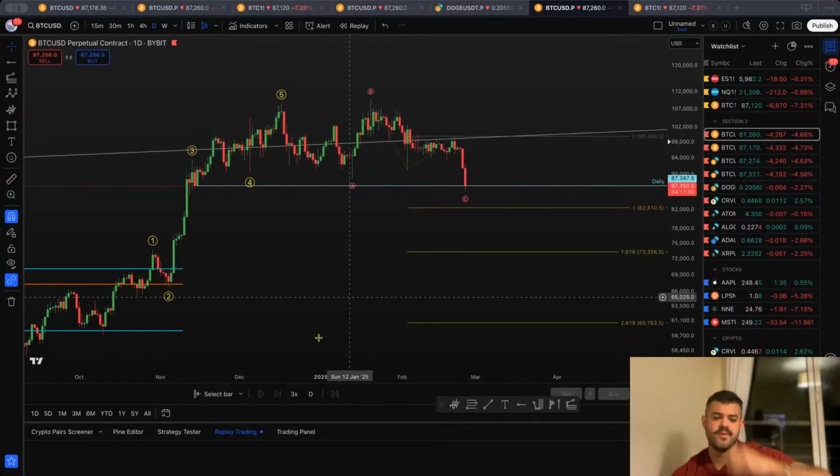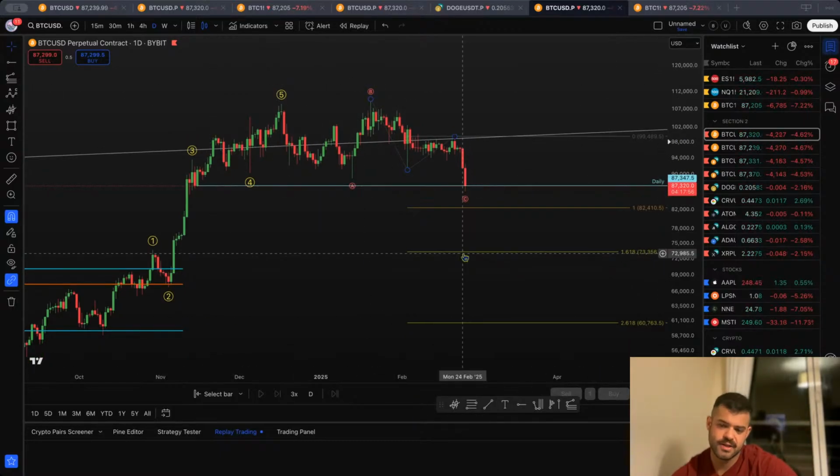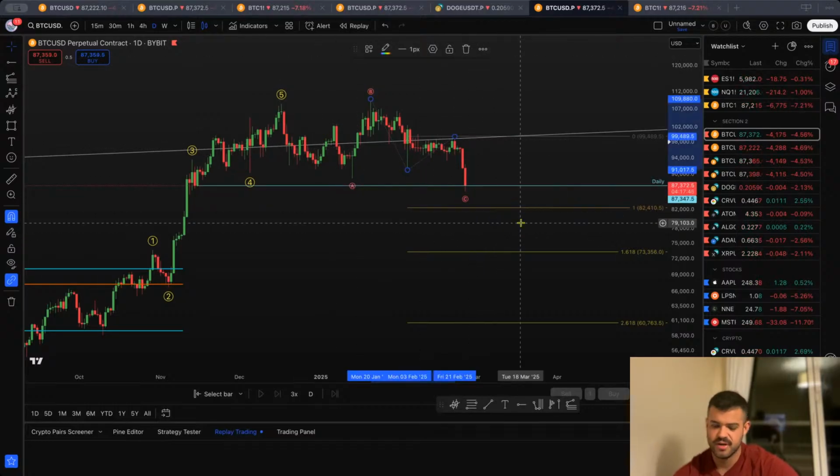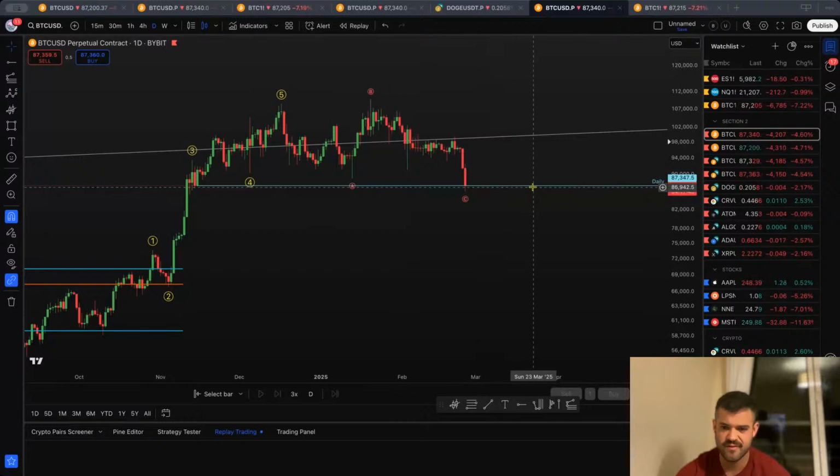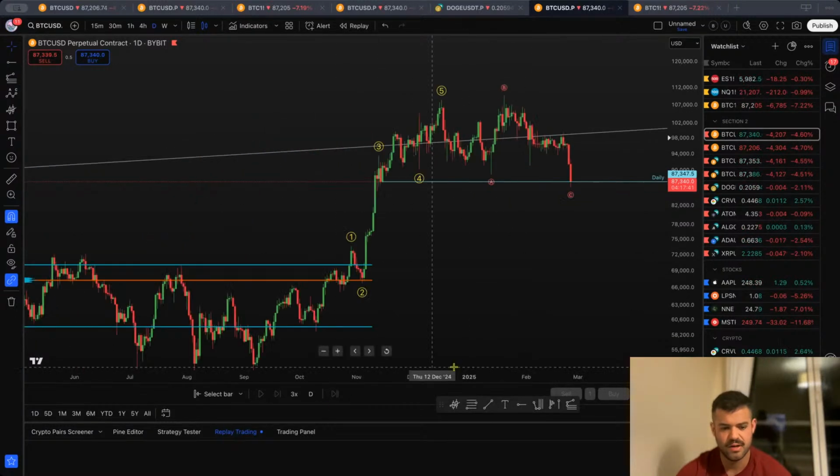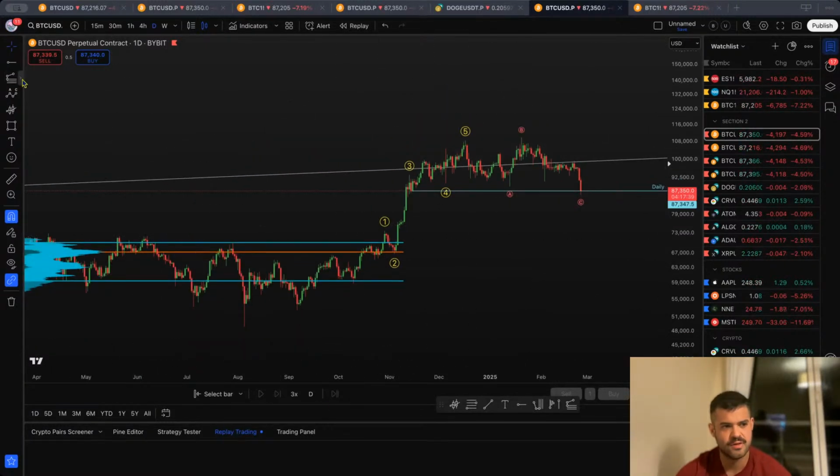So maybe this isn't an ABC, but that comes in at the 73 region, like Stray just said, bang on the dollar there. Or we're just in an ABC flat and we can expect continuation higher, especially if we are looking at something like this.